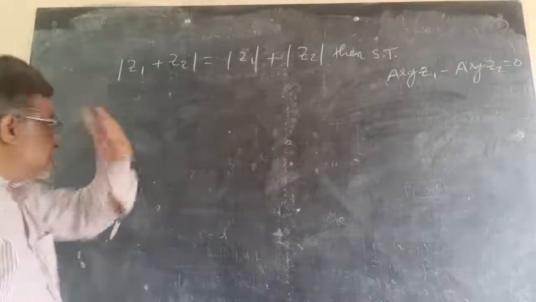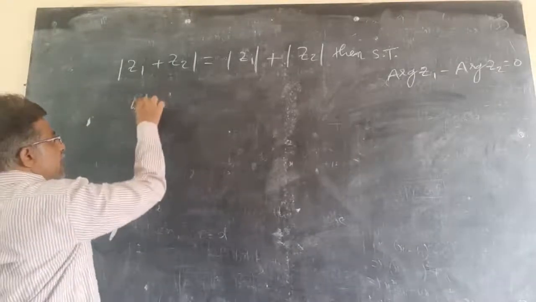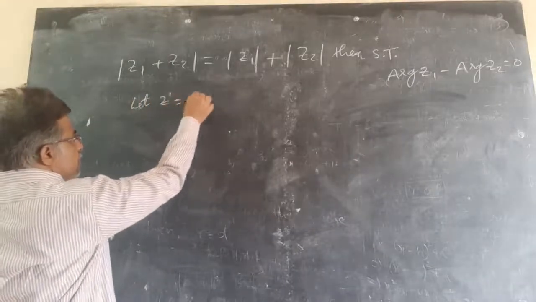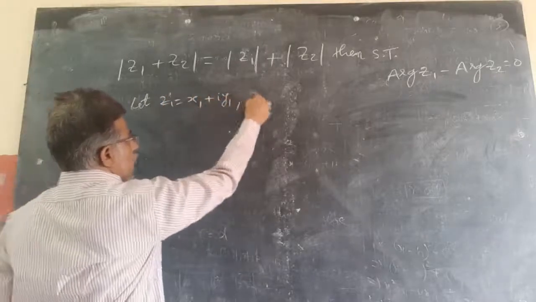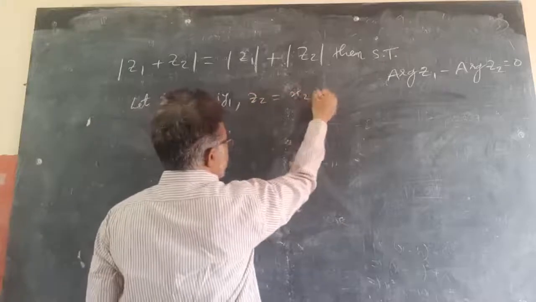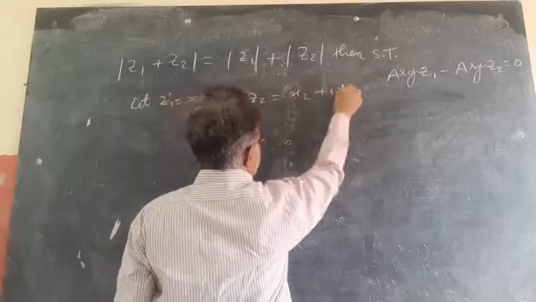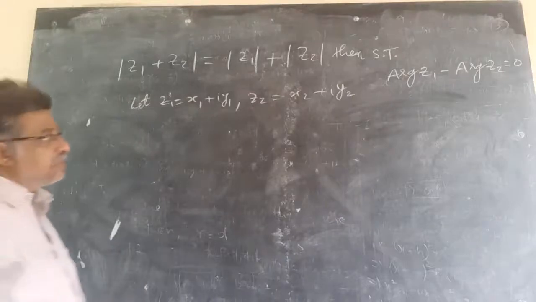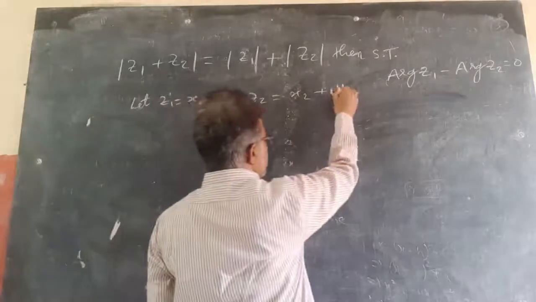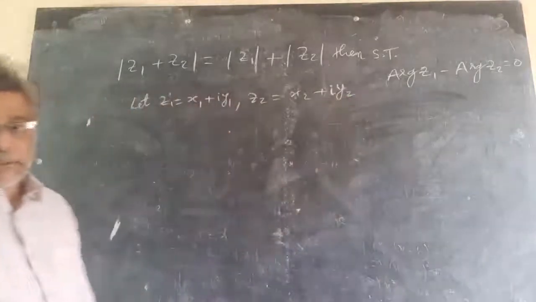Just let Z1 equal to x1 plus i y1 and Z2 equal to x2 plus i y2.